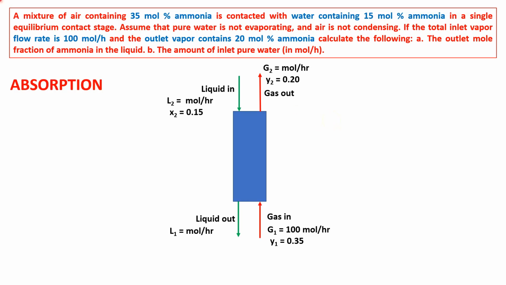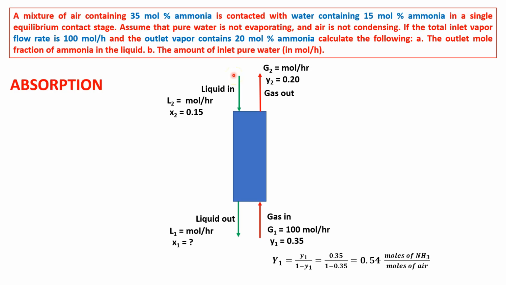Now X2, the inlet liquid containing 15 mole% ammonia, so X2 is 0.15. X1 we don't know, so we have to calculate that. Based on this information we are going to calculate.